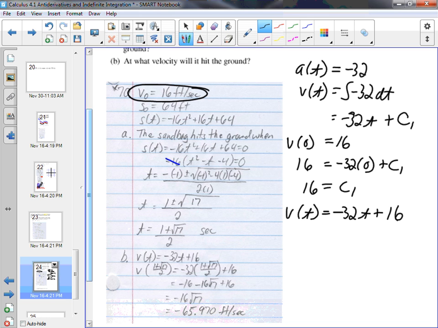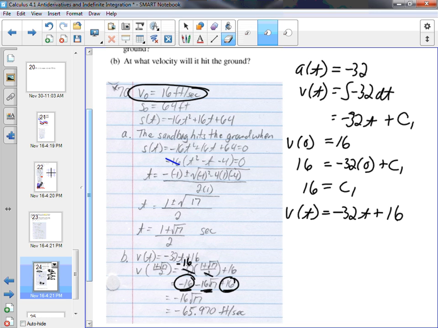All right, so let's see, I can divide that with that, make that a negative 16. So negative 16 times 1 is negative 16. Negative 16 times square root of 17 is that, plus 16. And notice I did want to do it that way because I've got a negative 16 and a positive 16.